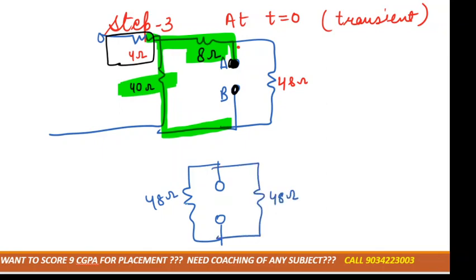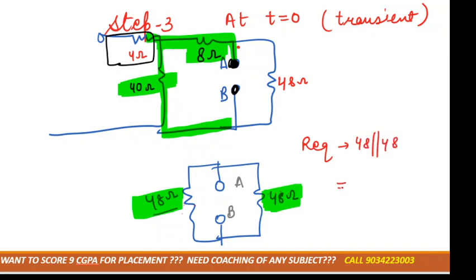Now again you are standing at A, move to B. These 48 and 48 are in parallel, because you can't go through both at the same time. So R equivalent is 48 parallel 48, that would be 24. Got it?